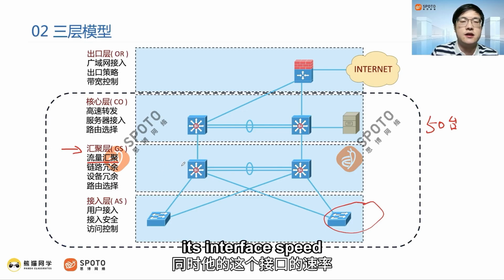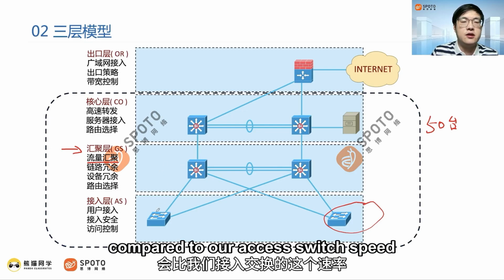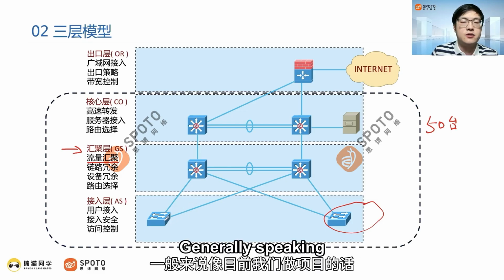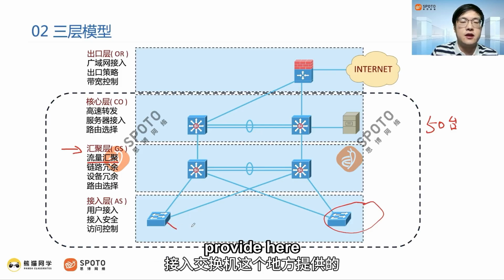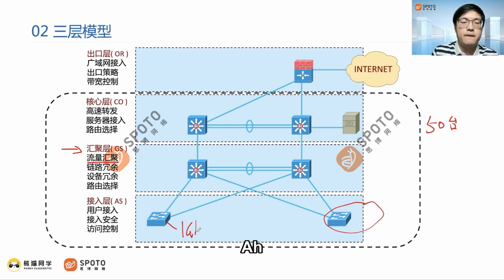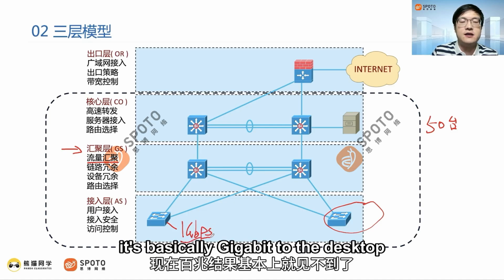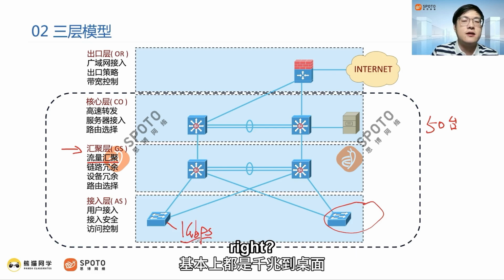Meanwhile, its interface speed is much higher compared to our access switch speed. Generally, in current projects, access switches provide all gigabit Ethernet. Fast Ethernet ports are basically obsolete. It's basically gigabit to the desktop, right?